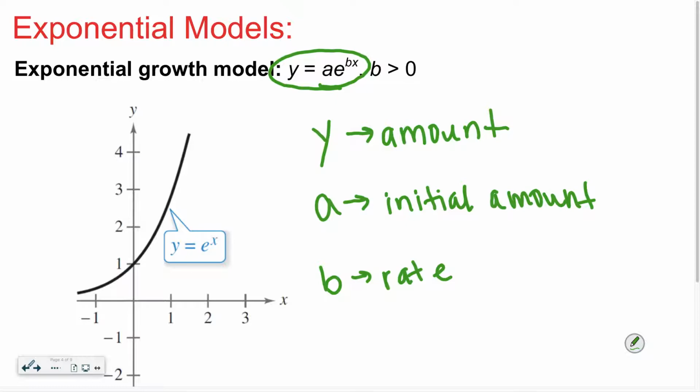If you have bacteria that is growing, or a population that is growing, we need to make sure that exponent is positive. However, if you have a population that's decreasing in value and you're modeling it exponentially, you better have a negative rate if we're losing members of a population.